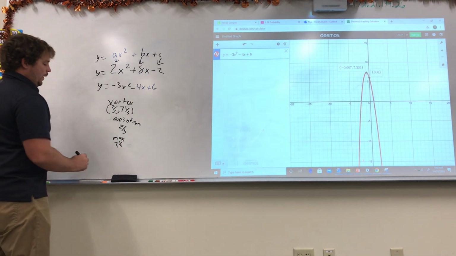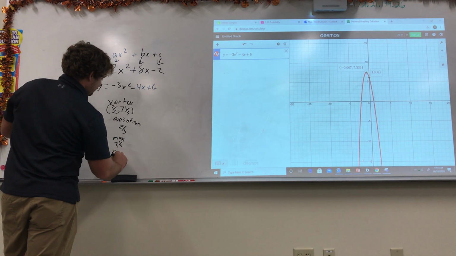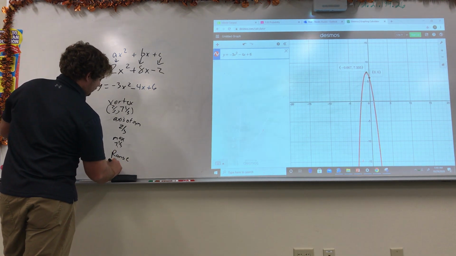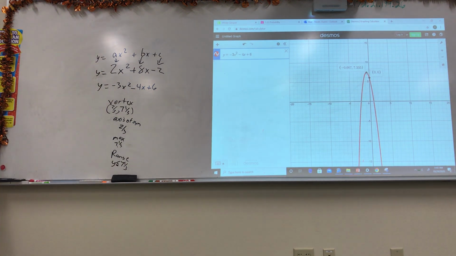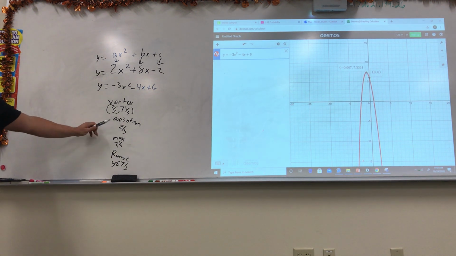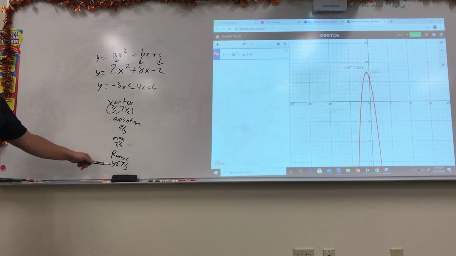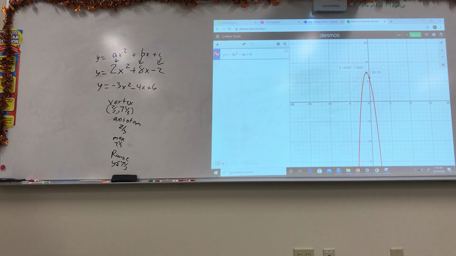My range, between my y values, y is going to be less than or equal to 7 1/3. So if you can see the correlation: the maximum is going to be less than or equal, and if it is facing up and it is a minimum, it is going to be greater than or equal.